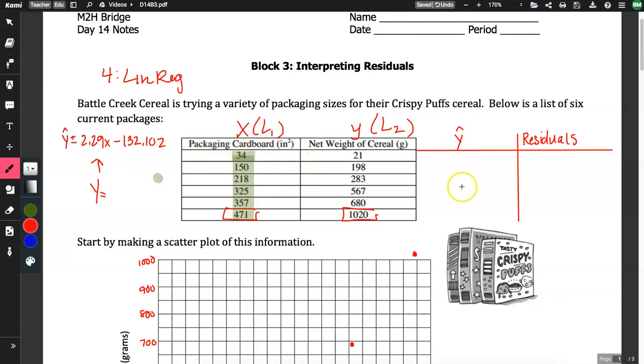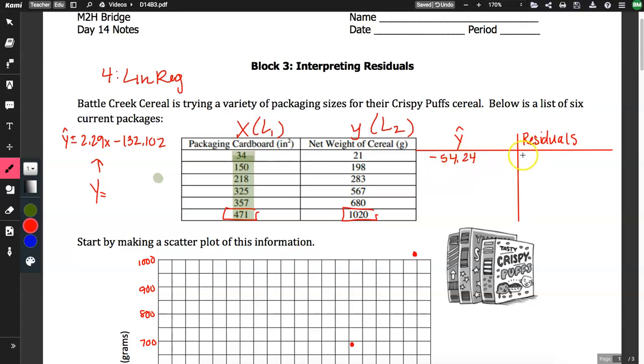Once you have all your y hats, your predictions, then you're going to calculate the residuals by doing the actual, so the 34, minus whatever you got here. So let me show you the first one. For the first one, the y hat value is actually a negative 54.24. So the predicted amount that it held is a negative amount.